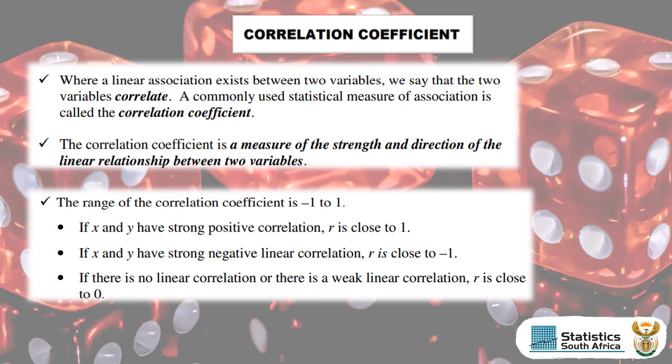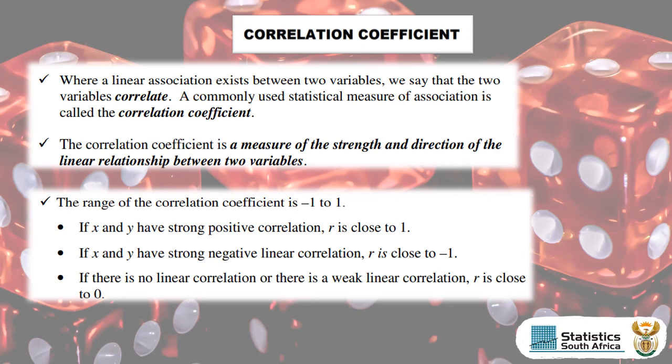Now we are going to talk about the correlation coefficient. We want to determine if there is a relationship between these two sets of data, and we also have to account for the strength of that relationship and the direction it is going in.